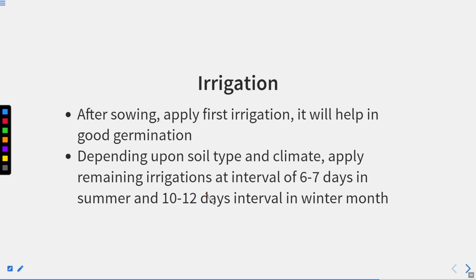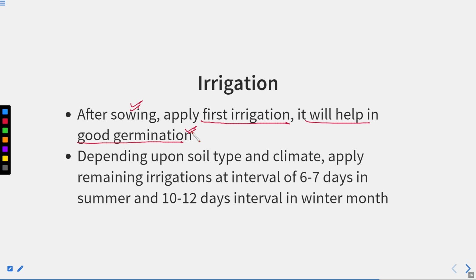Now, irrigation. After sowing, apply the first irrigation. When you have sown the seed, apply the first irrigation, and it will help in good germination. When you have sown the seed and you have irrigated, then it will get water and start germinating.